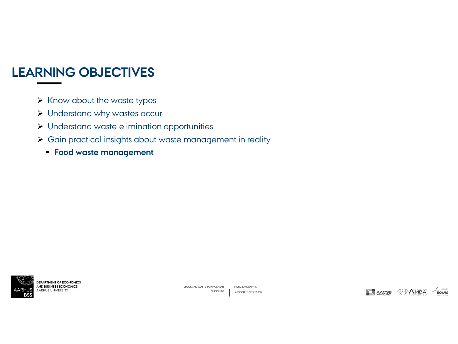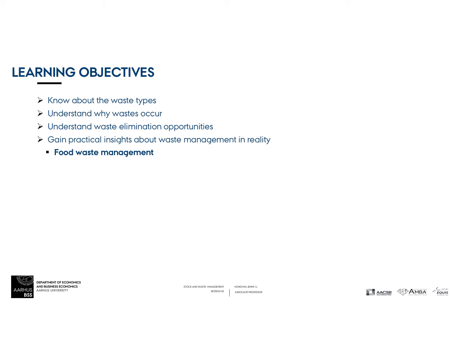So the learning objectives will be knowing about the waste types, understanding why waste occurs, especially in the supply chain or the retailer operations process, and then understanding waste elimination opportunities.